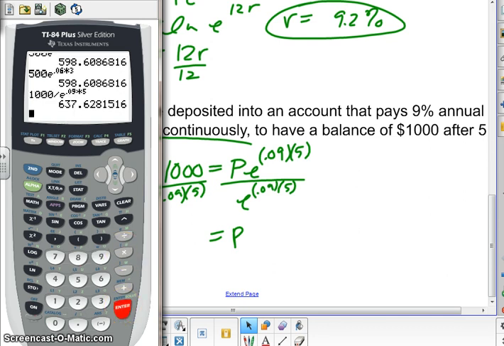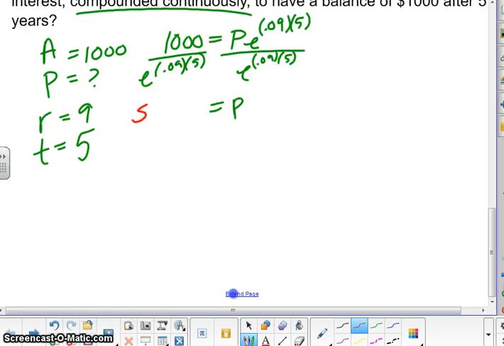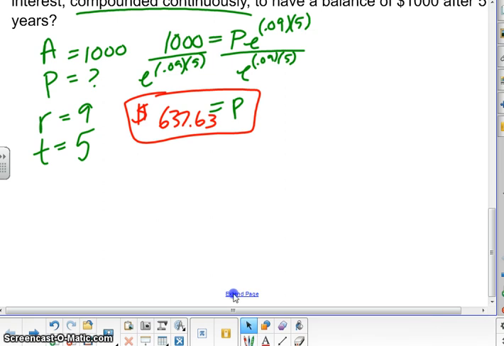And there's what you would have to invest. So P is going to equal $637.63.